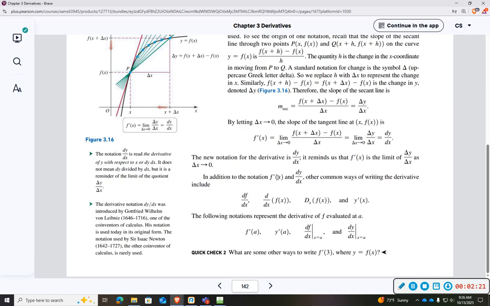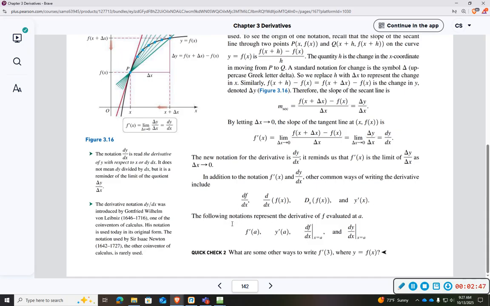So you have the f prime of x, which is one of the most common ones. You also might see dy dx. These are also common, but these are some alternative ways of writing derivative. You might say df dx, so derivative of the function f with respect to x. They might write it d dx, and then of f of x. You might see this notation, and then you might see y prime of x.